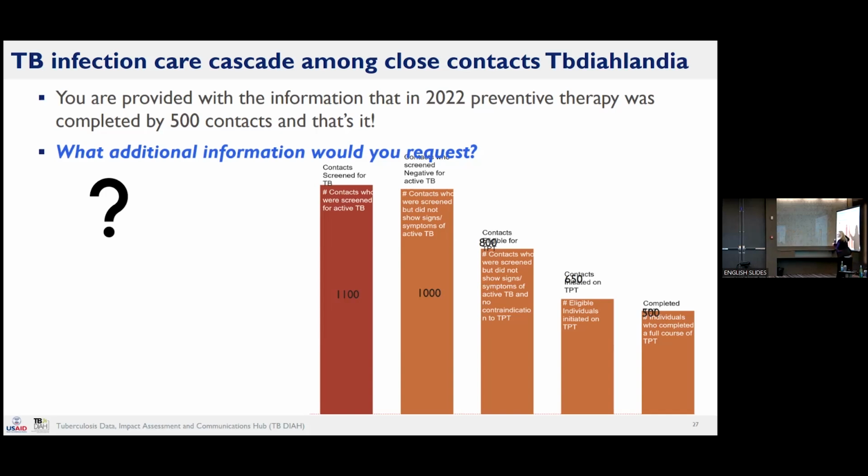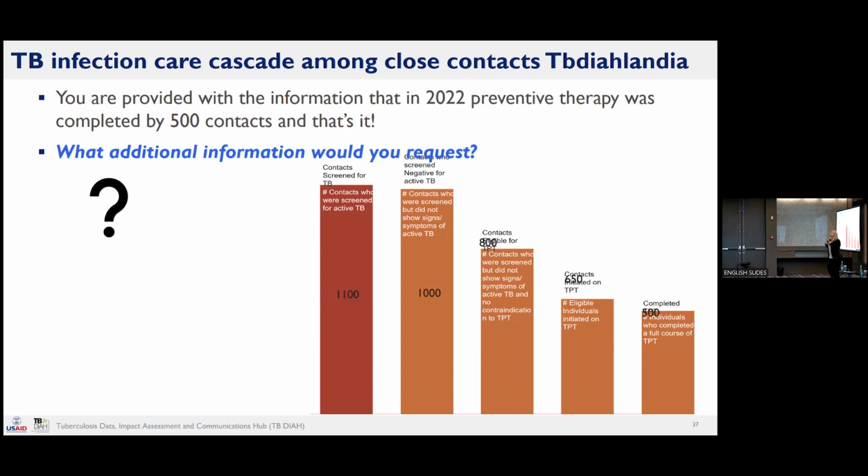Yes, of course, because the 1,000 patients can start preventive treatment because they did not show signs and symptoms of active TB. Well, in this specific cascade, they do not test infection. So this is a program that introduces preventive treatment with no regard to a test for latent infection.